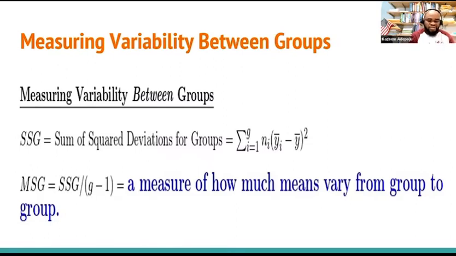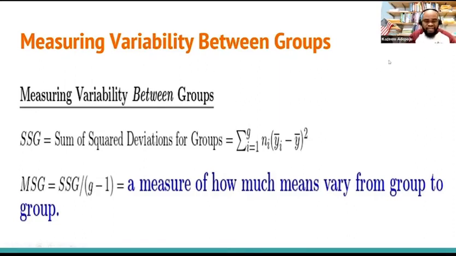We have a formula for us to figure out the variability between groups and the variability within. Now what I want to explain is the variability between groups. Don't forget the other time we talked about variability between groups: it means we have calculated the sample mean from each group, and we want to know how they differ from one another.